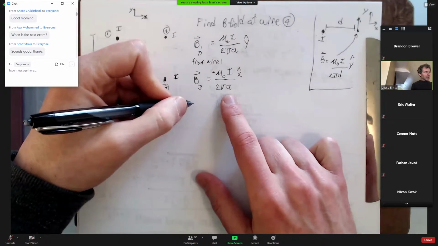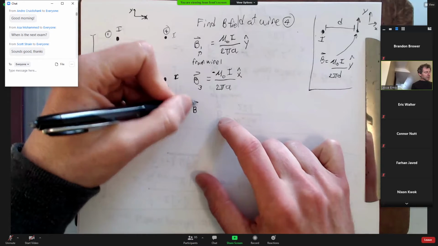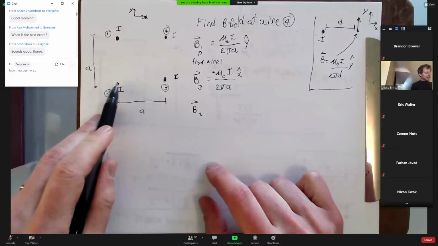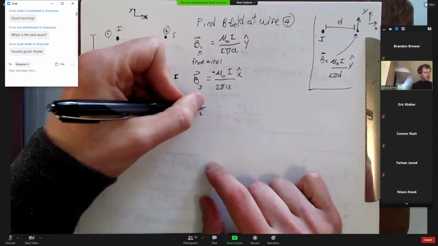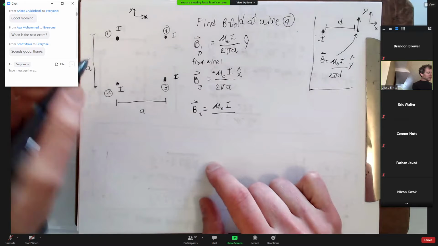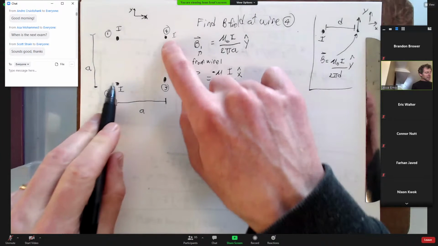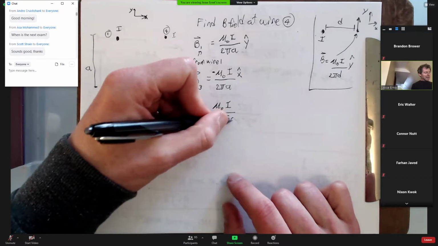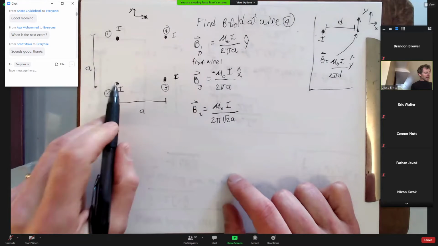All right, so now the last one, B2. The B field here from this will be mu naught I over, now we've got to be careful, 2 pi times this distance. So that's square root of 2a, right? Distance from there to there.